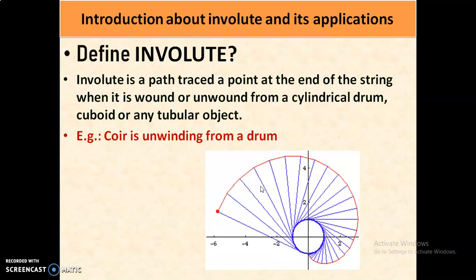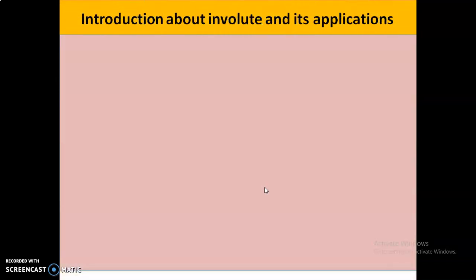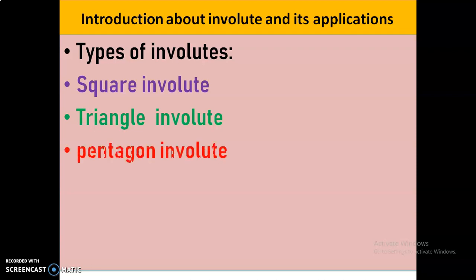So let us see next, types of involutes. There are many types of involutes, but we will see only 4 types of involutes in this class. They are square involute, triangular involute, pentagon involute, and the circular involute.